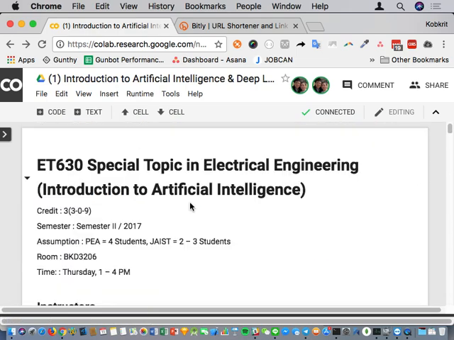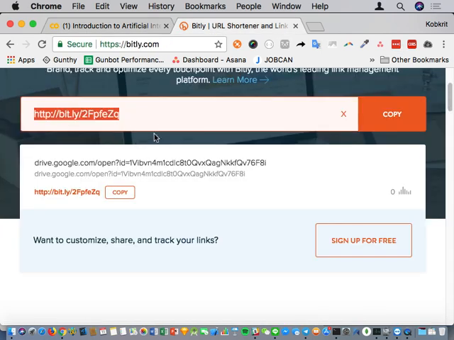And the link for this is bit.ly/2FPFEZQ, and yes, it has a capital F and C, so you can open your laptop and play around with it all together.